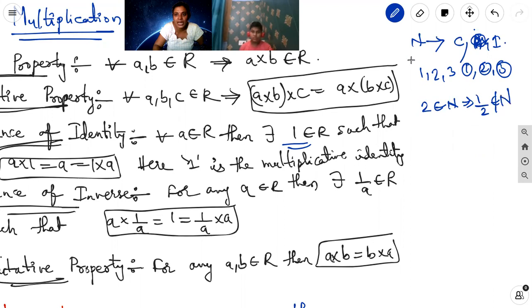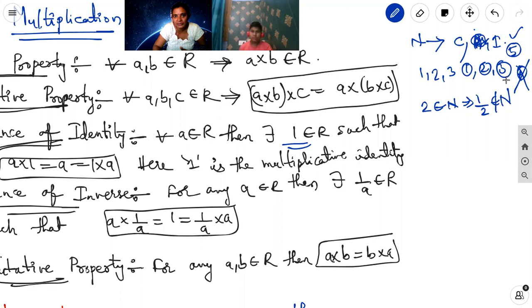So the fourth property is not satisfied. The commutative property is satisfied: 1 into 2 is 2, 2 into 1 is 2. Under multiplication, the natural number set satisfies all properties except the existence of inverse.